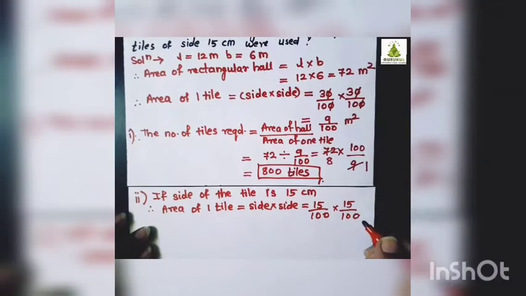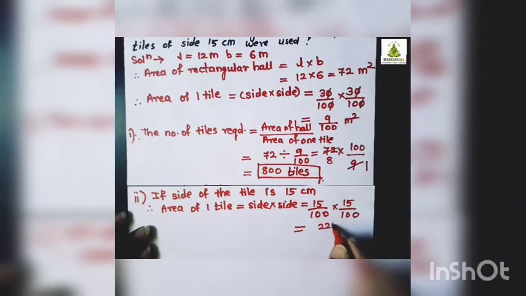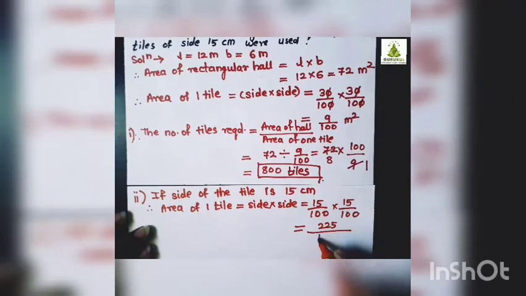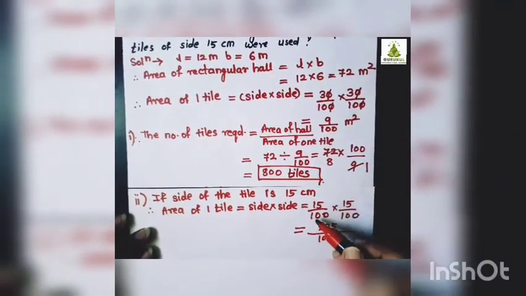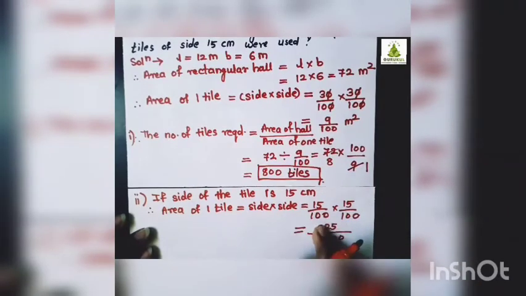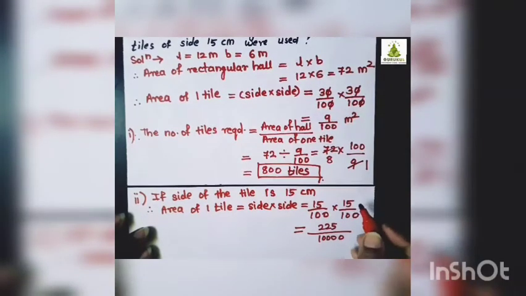Okay, so if you do the cutting, 15 into 15 will be 225, and anyhow you can do this one. There is no restriction. Here also you can do the cutting. 5 3s are 15 and 5 20s are 100. That way also can be done, and here also it can be done. Okay, whichever you find easy.